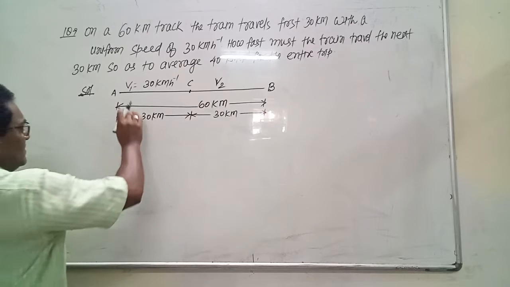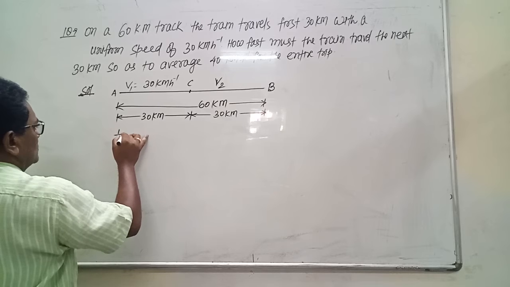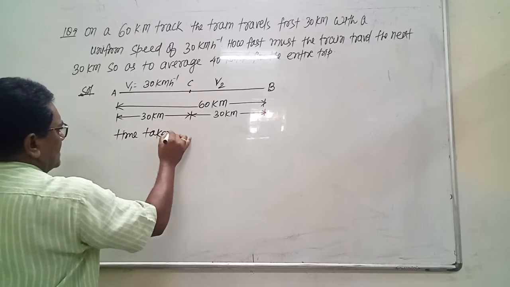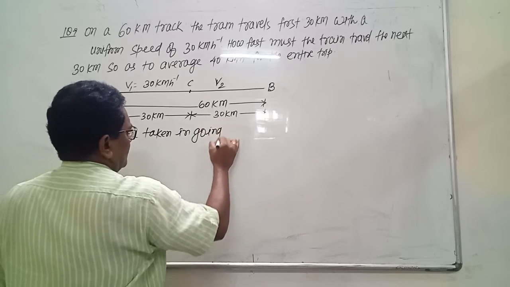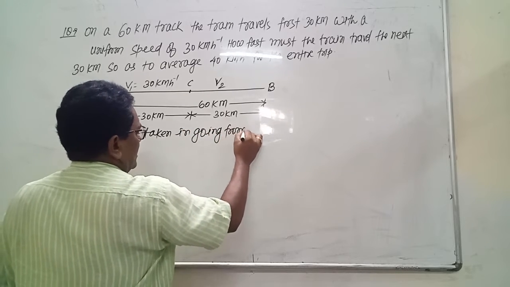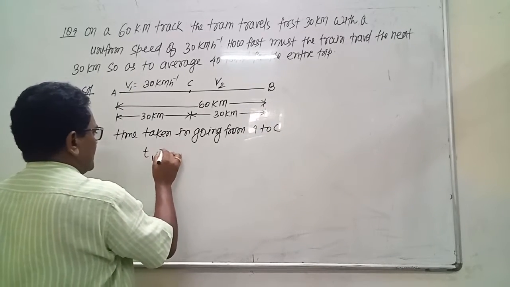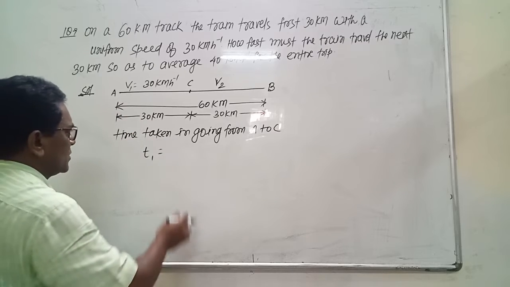So firstly we will find the time taken in going from A to C. Suppose T1 is the time taken in going from A to C. Time equals distance upon speed.